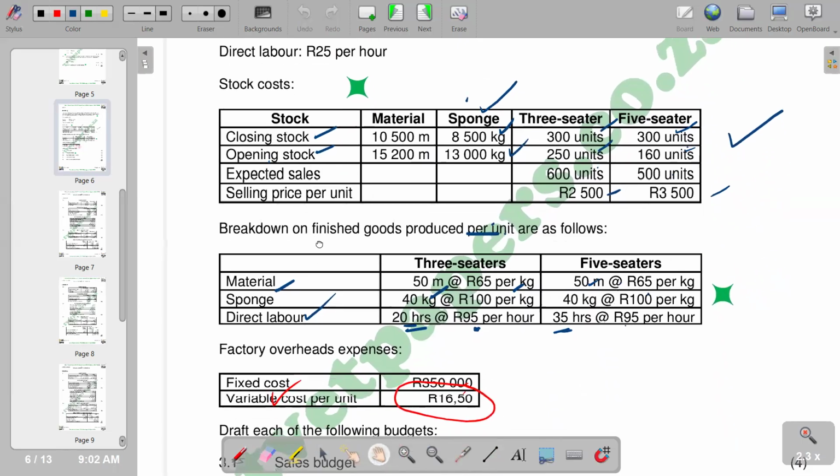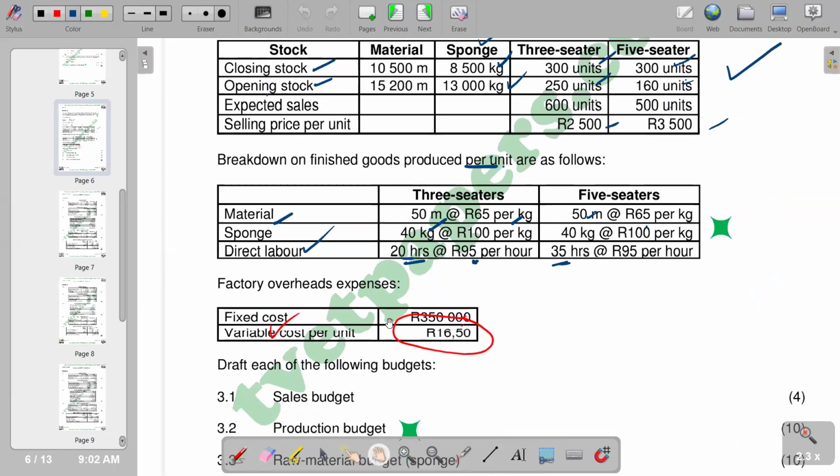If we check there, we have fixed overheads in the part where we put factory overheads expenses. So our fixed overheads are 350,000 rands. That's the one that we are supposed to add.